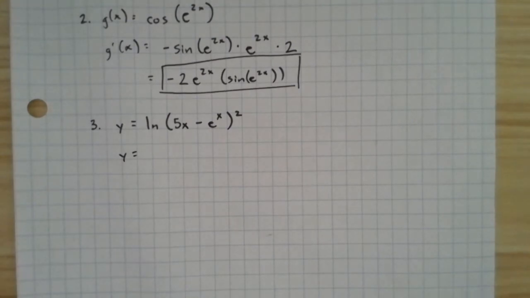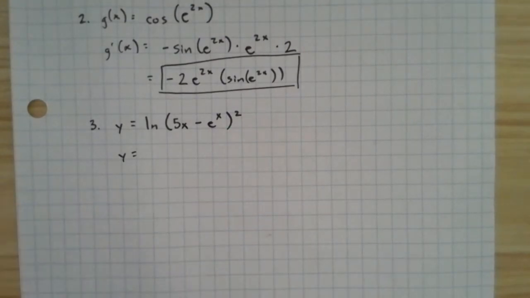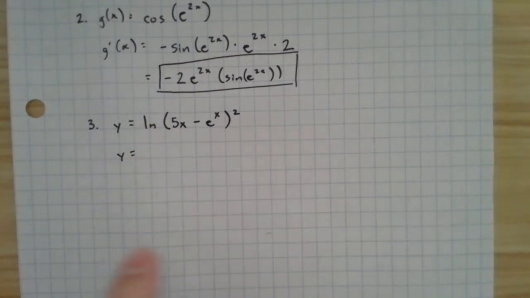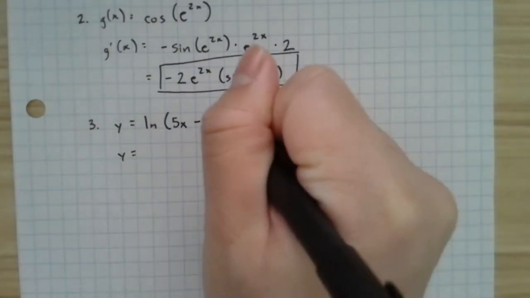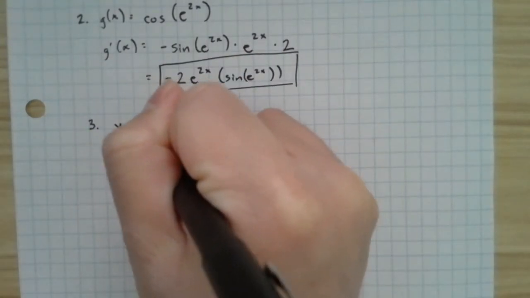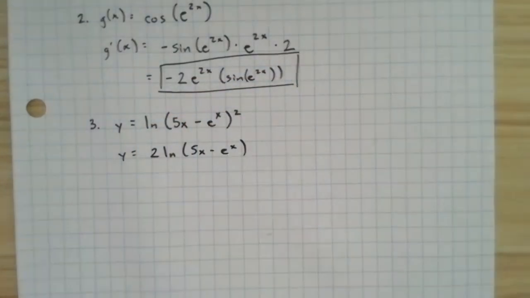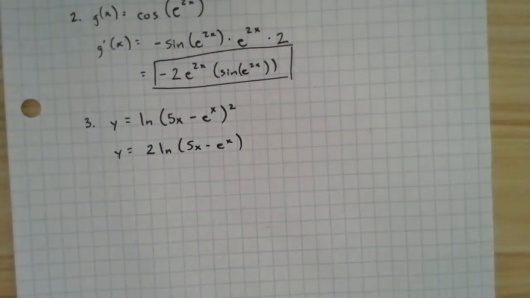Do the suggested problems. Okay, in number 3, I have an ln natural log function. So I'm going to apply a quick property of logs. I have an exponent. That means I can move it to the front. Recall this from last year pre-cal, maybe even algebra 2. You can apply the rule of exponents for logs.